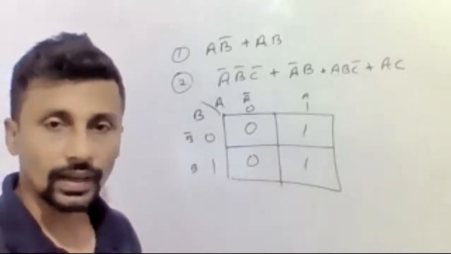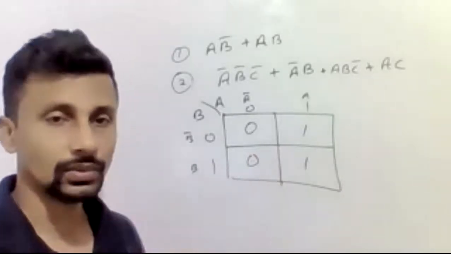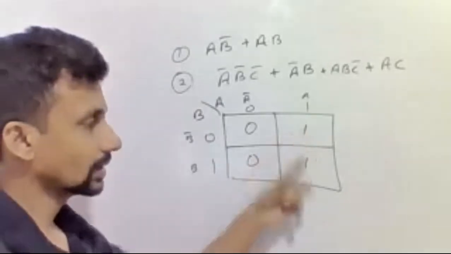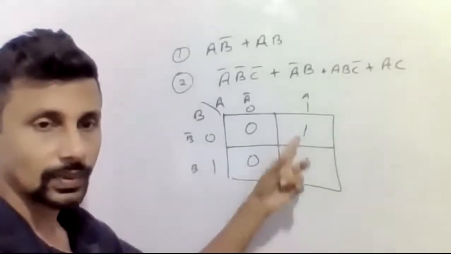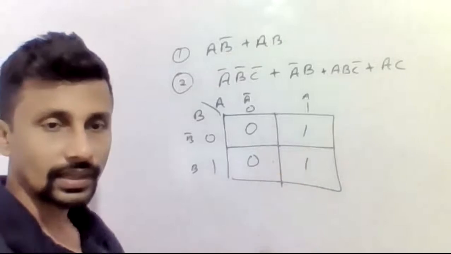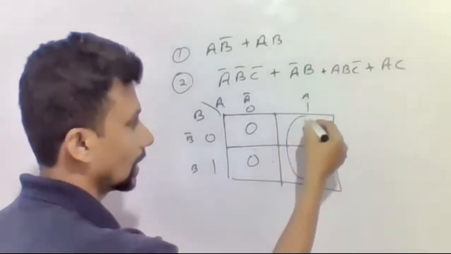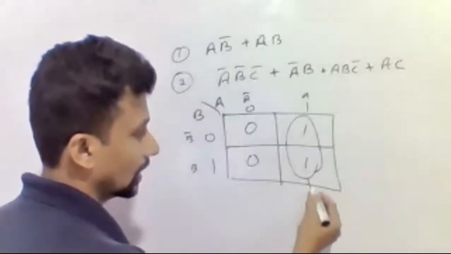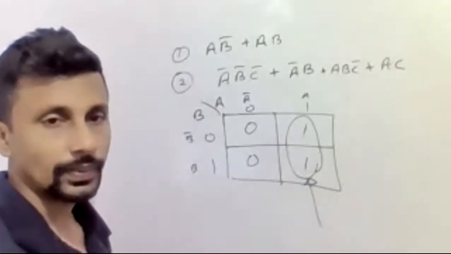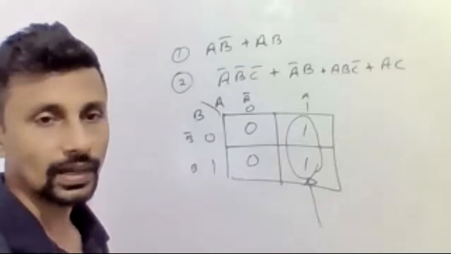So now we have to use those rules, right? Here you can see, vertically you can group 1, 2, 4 like that. Here 2 is there. I'm grouping like this. Then for that group, what is the common value?